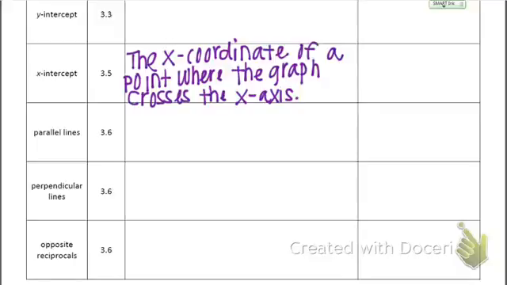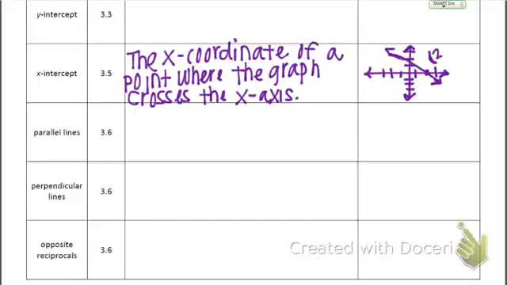So let's do an example. I'm going to draw a little graph, and I'm going to do a line through here. Guys, what is the coordinate of that not very pretty looking graph where it crosses the x-axis?